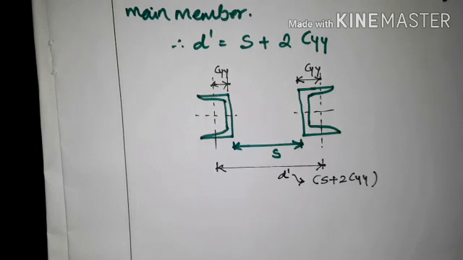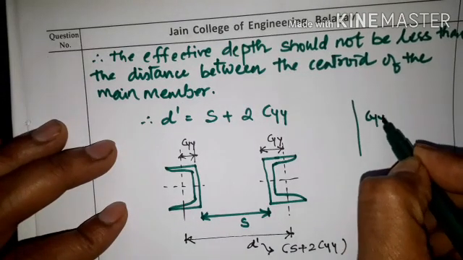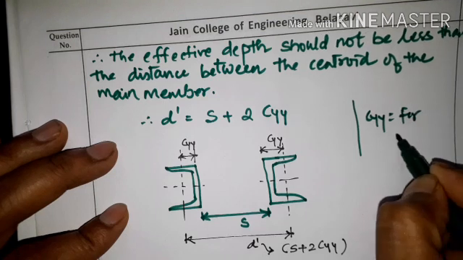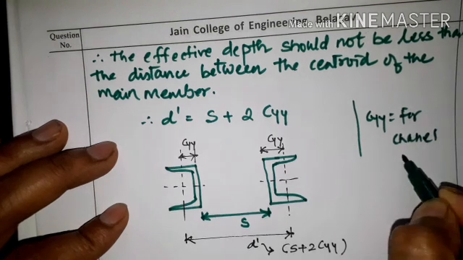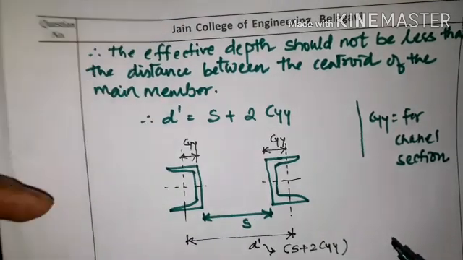For the channel section, you have to refer to the steel table for Cyy, then you will get the value.